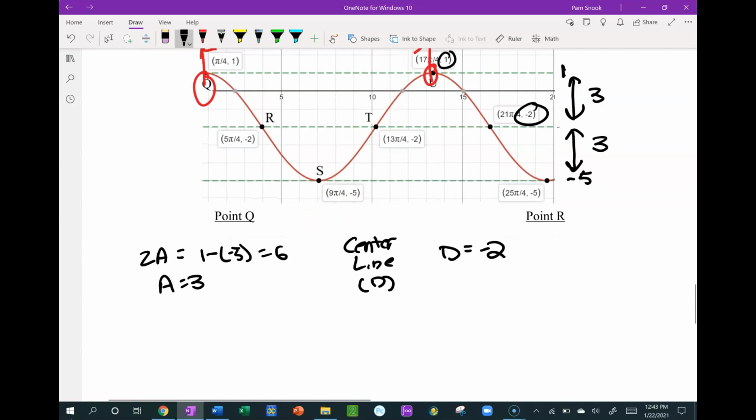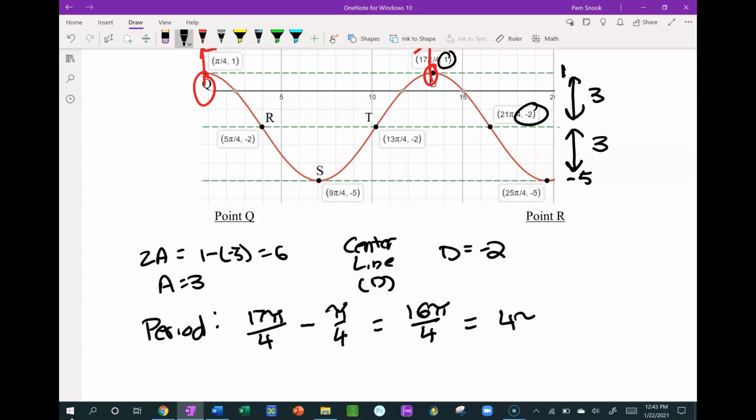So now the period of this graph, just take the x-coordinates of those two places. So I have 17 pi over 4 for point U, and I'm going to subtract pi over 4 from point Q. That gives me 16 pi over 4. Please reduce.